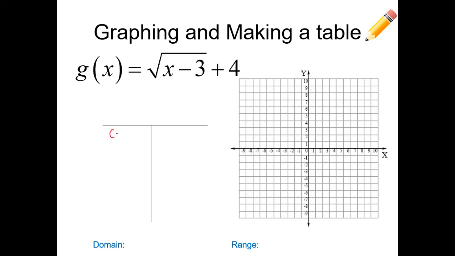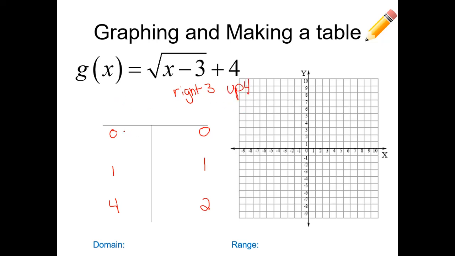So I got 0, 1, and 4, and then 0, 1, and 2, right? So now I got to think, how did this transform my function? It says I move right 3, and it's saying I'm moving up 4, correct?